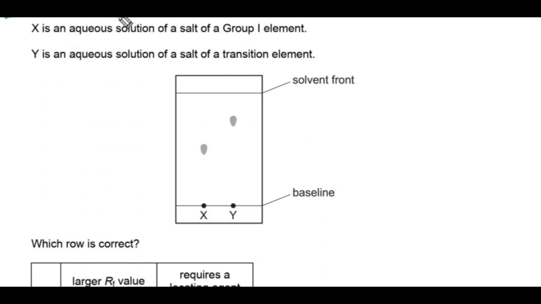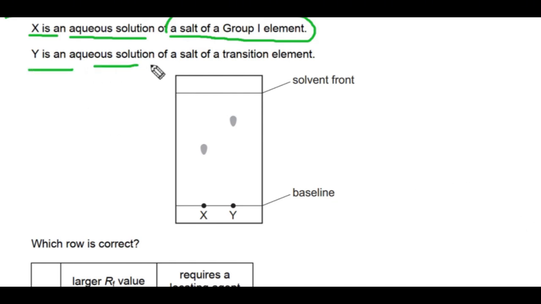the results of a paper chromatography experiment are shown. X is an aqueous solution of a group 1 element. You know, group 1 element salt aqueous solutions are colorless, say sodium chloride, these are colorless.